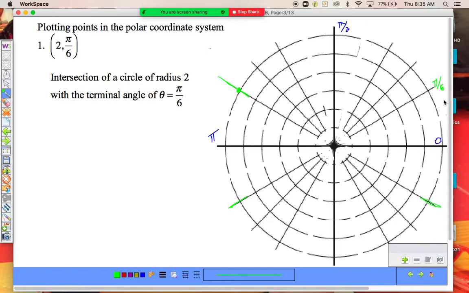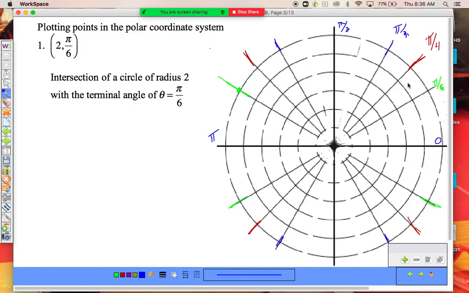The ones in the middle are going to be our pi over 4s, and the last ones are our pi over 3s. It's the same angles as my unit circle. Pi over 6 are the ones next to the x-axis, pi over 4s are the middles, and pi over 3s are the ones next to my y-axis. So that's our setup when we do it.